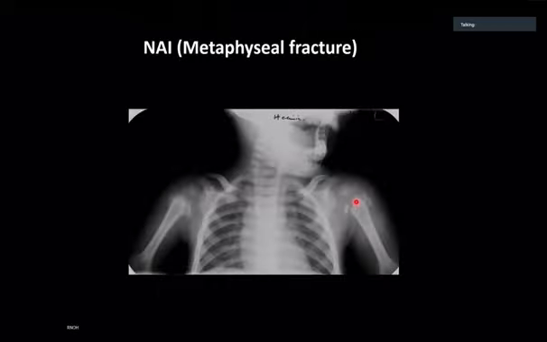So then comes NAI. NAI is non-accidental injury. And in NAI, there are metaphyseal fractures. So there can be periosteal reactions which are at various ages. So this is metaphyseal fractures.